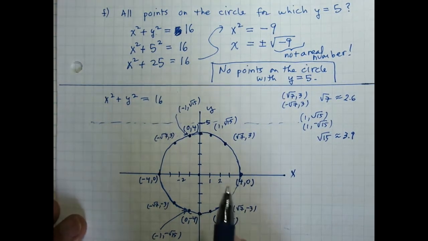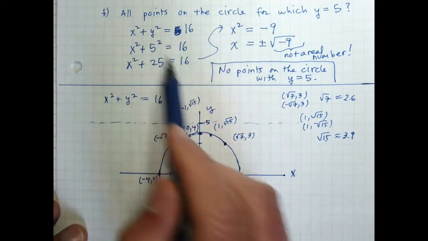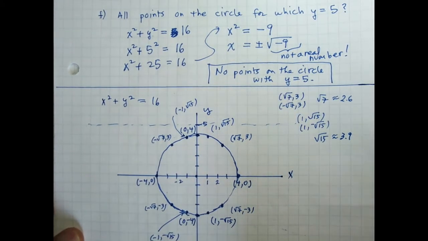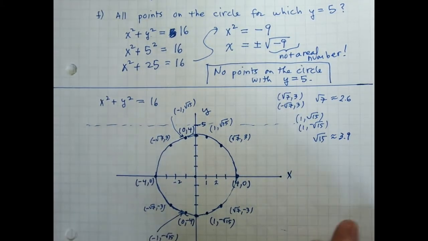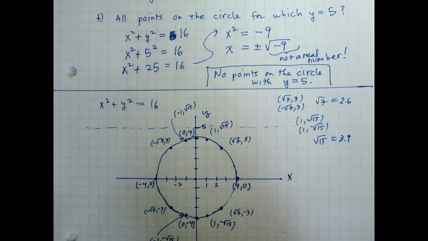And so again, if we had this picture ahead of time, we wouldn't have even had to do any algebra for part F. We could have just said, no way, there couldn't be any points. So I hope this picture brings some of these values to life a little bit that we got as points on the graph of this circle.